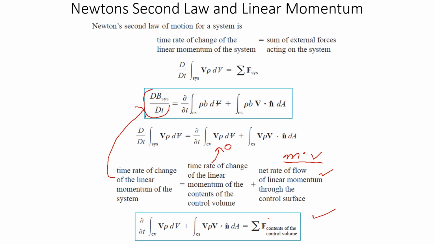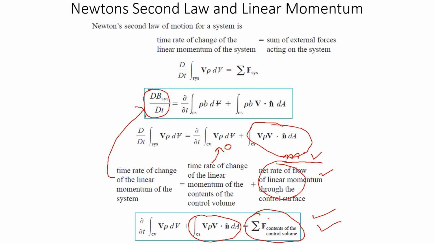These two terms are the same, and here these two terms are the same. So now this is our final Reynolds transport theorem for this scenario, and we will be looking at fixed control volumes, which will not be deforming. So non-deforming and fixed.